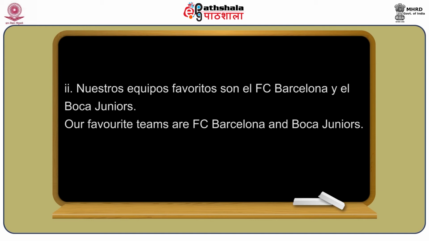So it means our favorite teams are FC Barcelona and Boca Juniors. In the first sentence, both of them like the same club. In the second sentence, both of them like two different clubs. So nuestro is used with a masculine singular noun, and nuestros when it's used with a masculine plural noun.